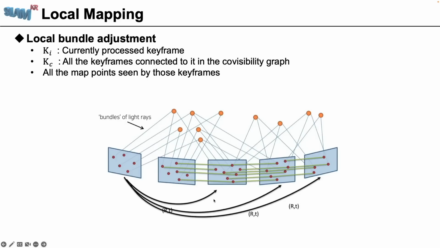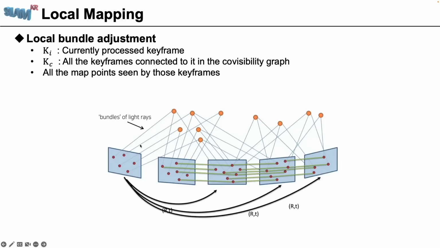In this case, the currently processed keyframe and all the keyframes connected to that frame in the co-visibility graph structure are refined together with all the map points seen by those keyframes. Over here you can see 5 keyframes and several map points.